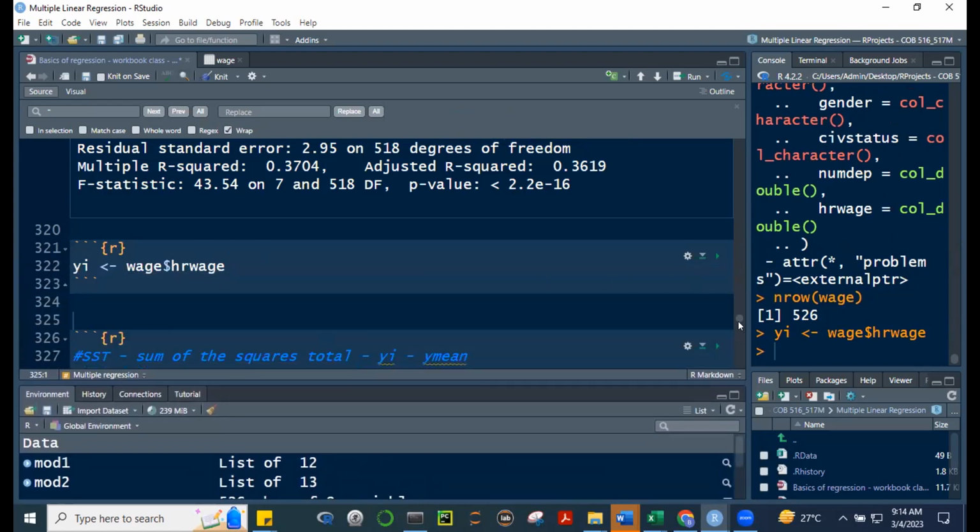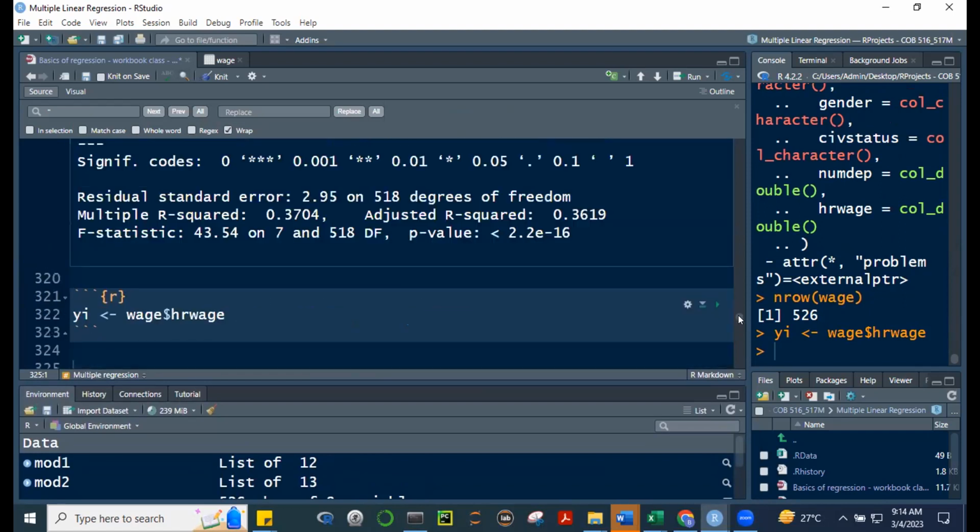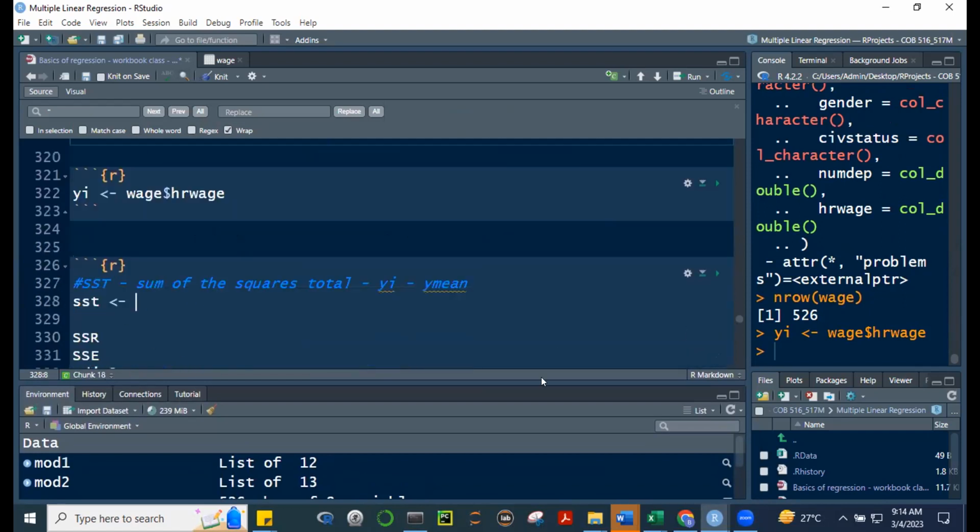We will now create SST, the sum of the squares total, which is equal to y sub i minus the mean of y sub i, and then we square it. So the sum of the squares total is the difference between your actual value minus the average.